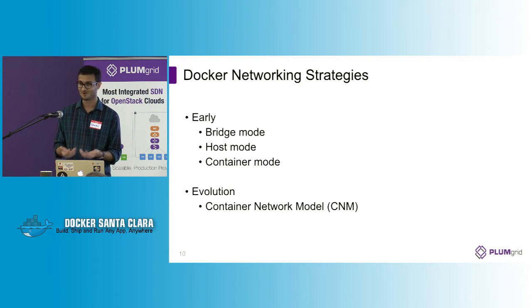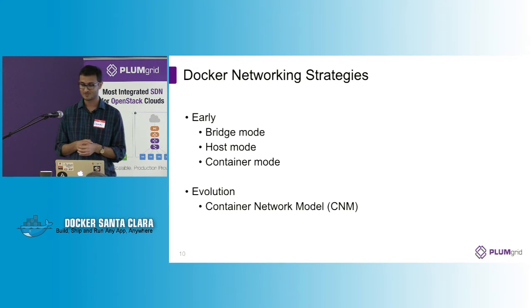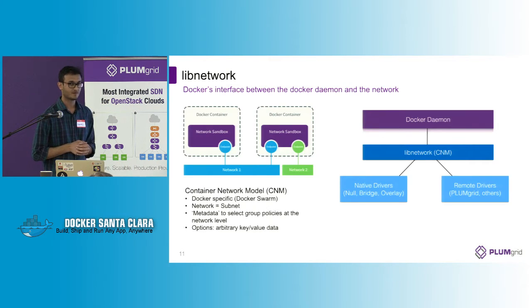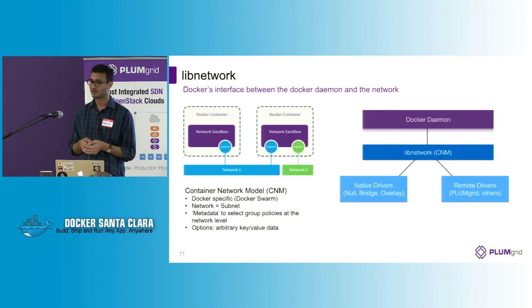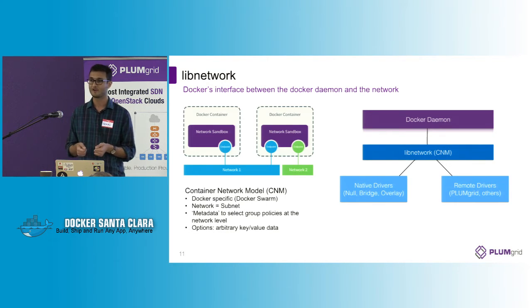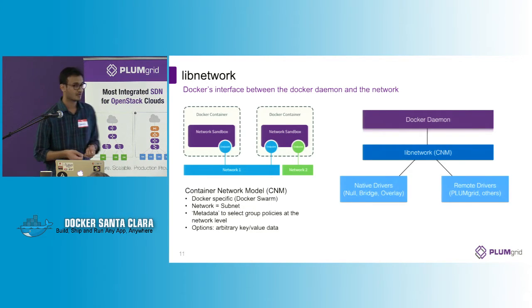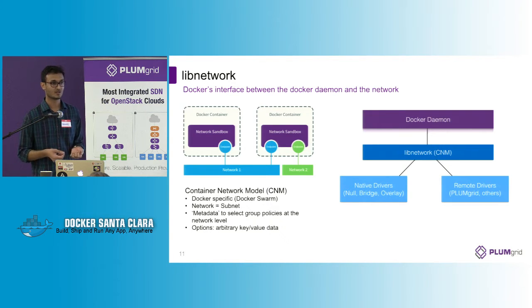However, the world has evolved, and last year, Docker introduced a networking model called the container network model. This is responsible for defining network resources and how they can be consumed, and to improve it in a way that people can consume it, make it pluggable, and really take it to the next level, so that it can be used in production.